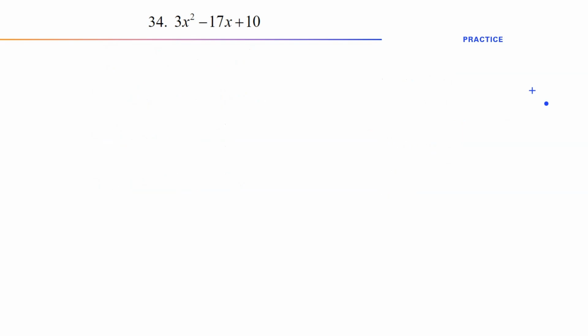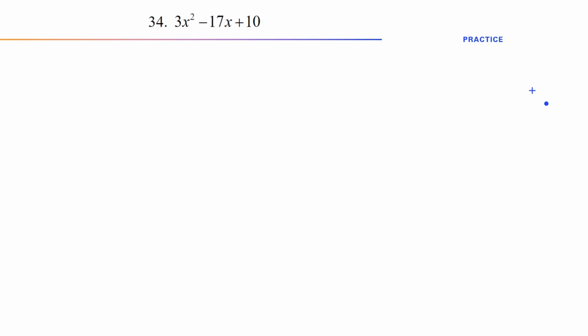Alright. Number 34, 3x squared minus 17x plus 10. So we have 3 times 10, 30, and two numbers that add up to negative 17. Yes, we can think about 15 and 2, right?